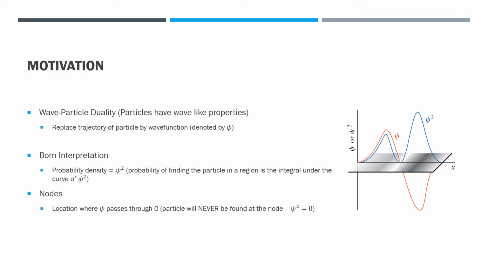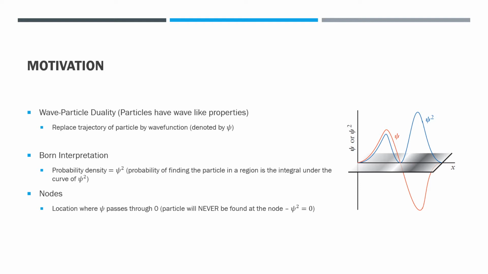So why exactly do we need a wave function? I touched on this on the previous slide, but we have this idea of wave-particle duality, where particles have wave-like properties. We talked about this in the context of light, where light can be thought of as both an electromagnetic wave, or as a stream of photons, a stream of particles.